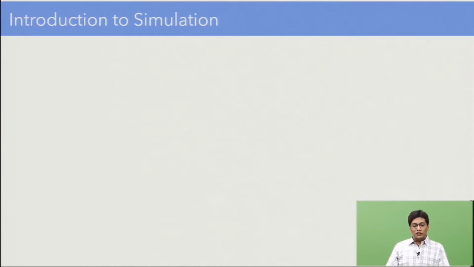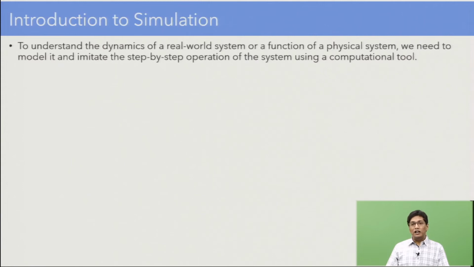In this course, let us first look at what simulation is. To understand the dynamics of a real world system or the function of a physical system, we need to model it and imitate the step by step operation of the system using a computation tool.